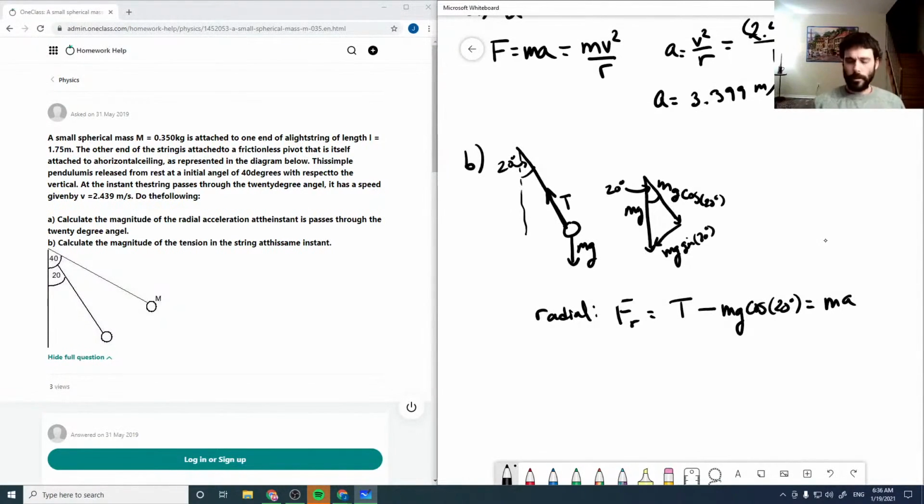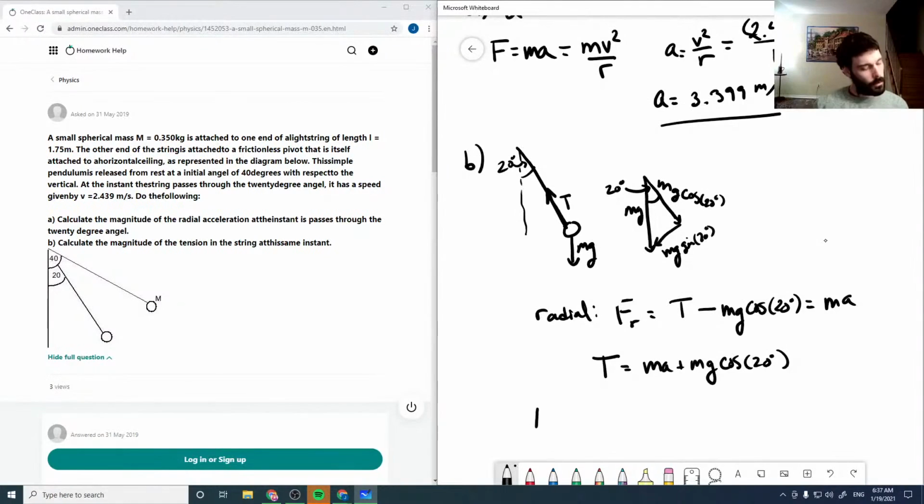So that means that we can rearrange this for our tension. So our tension is just ma plus mg cosine of 20 degrees. And recalling too that the acceleration we calculated is radial acceleration, so it will be in the direction of the tension, so it should be positive. Just to double check some of our directions there.